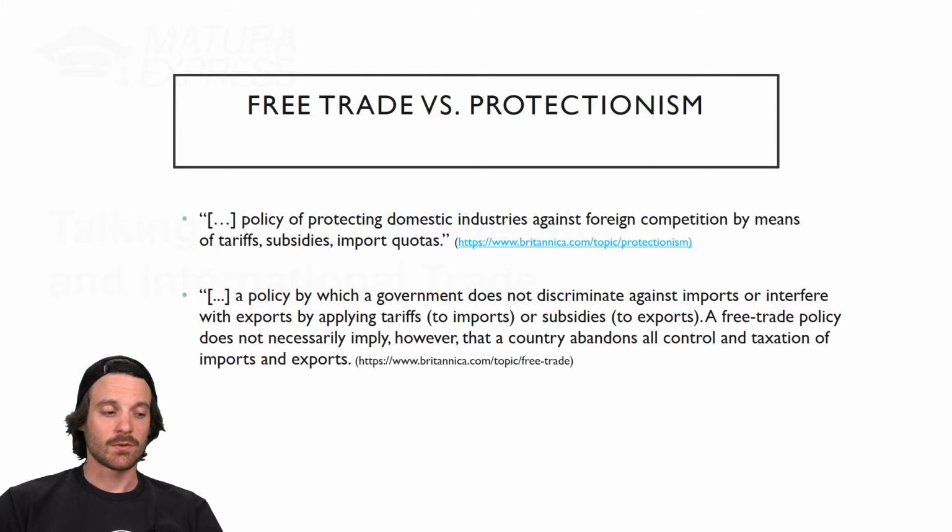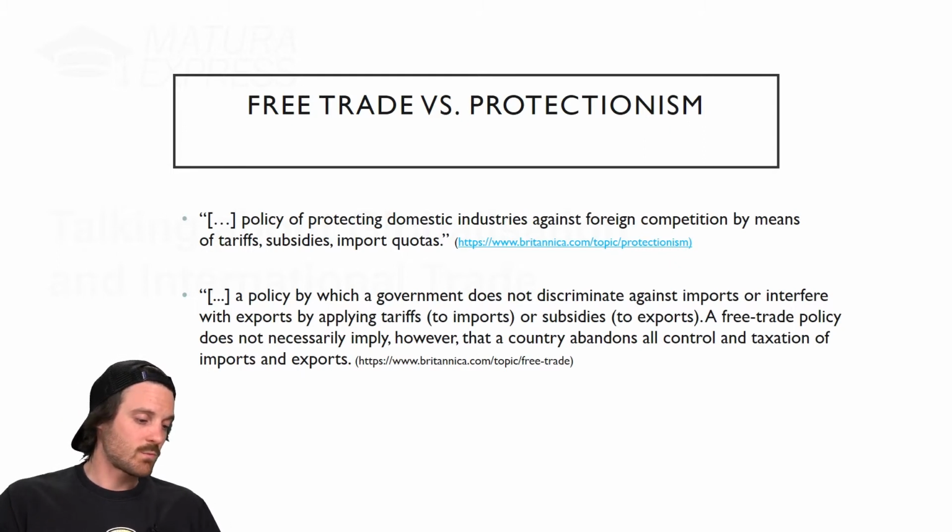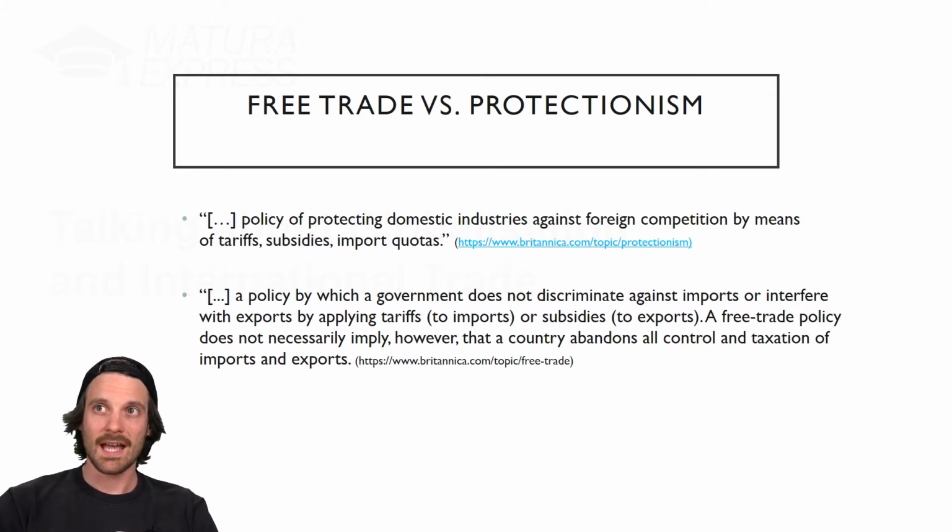For example, if we have protectionism, you have to import several products, since not every country has every resource available. So that's a big problem. And of course, the products get more expensive, whereas free trade enables us to import everything.